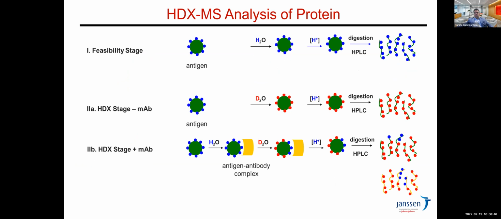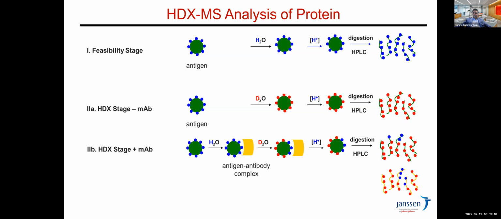Next, I will show a general stage of this HDX experiment, how we interpret deuterium uptake plots. This is an example of an epitope mapping experiment that is typically performed quite routinely in a discovery lab. We first look at the feasibility of the digestion of the antigen in water using the same pH, temperature, and conditions that are typically used for the deuterium exchange experiment.